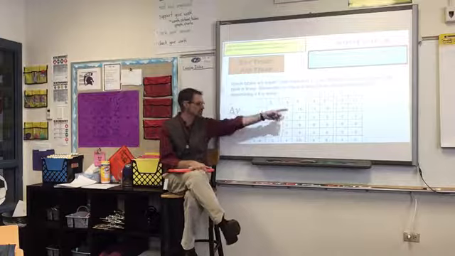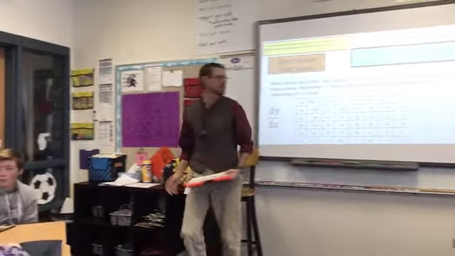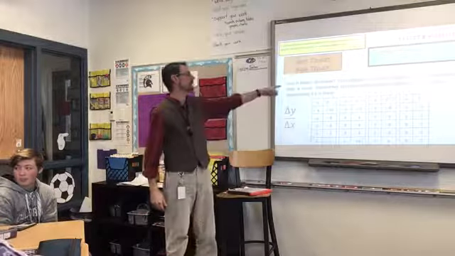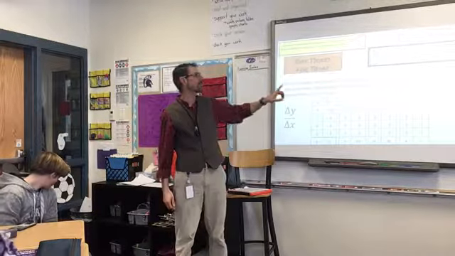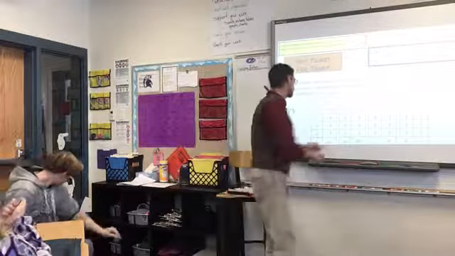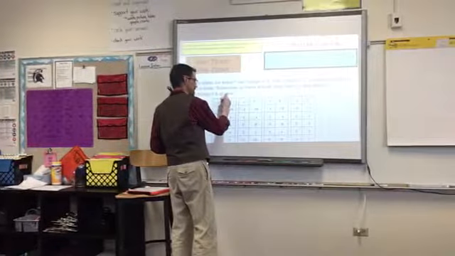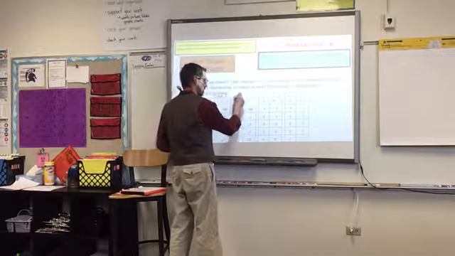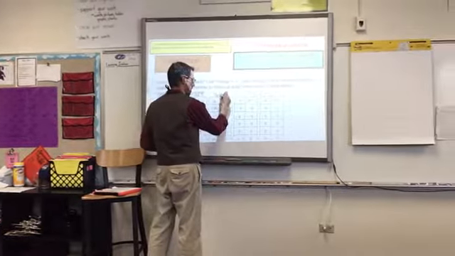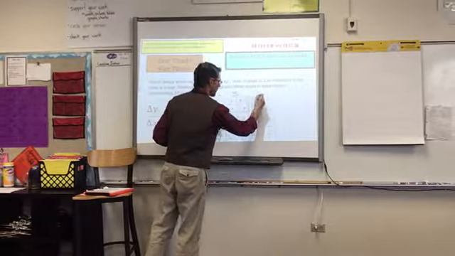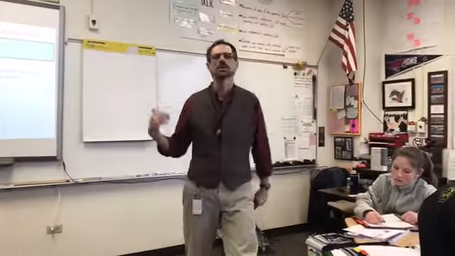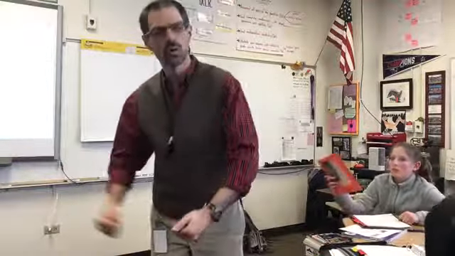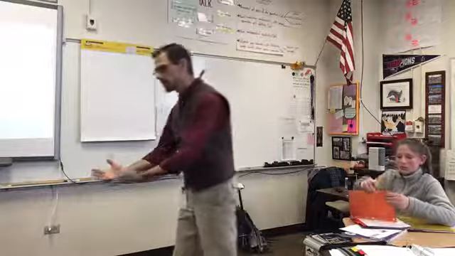We have table 1, 2, 3, and 4. Please tell me which tables are linear. Okay? Remember to check at least 3 spots in the table. This is table 1. Table 2, 3, 4. And on your paper, you're going to want to say table 1 is linear because, or table 1 is not linear because.